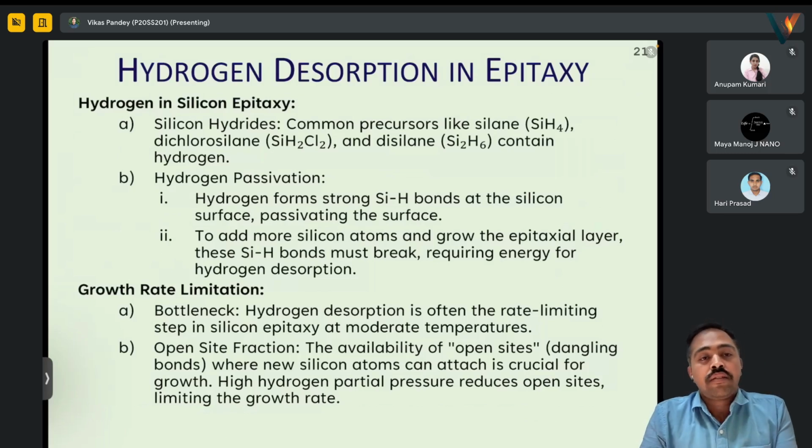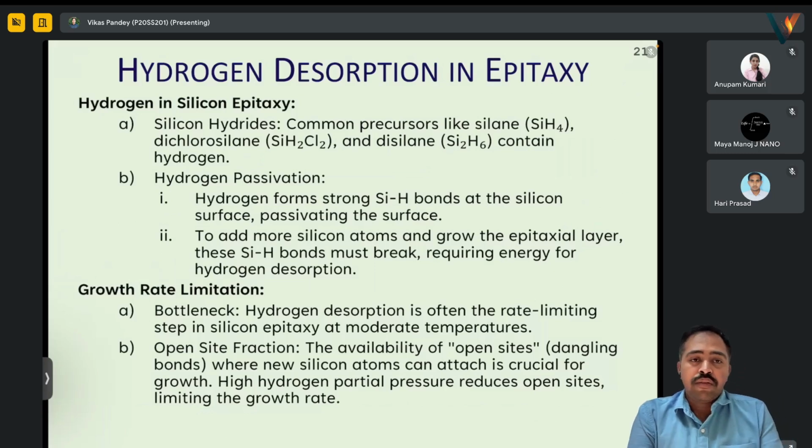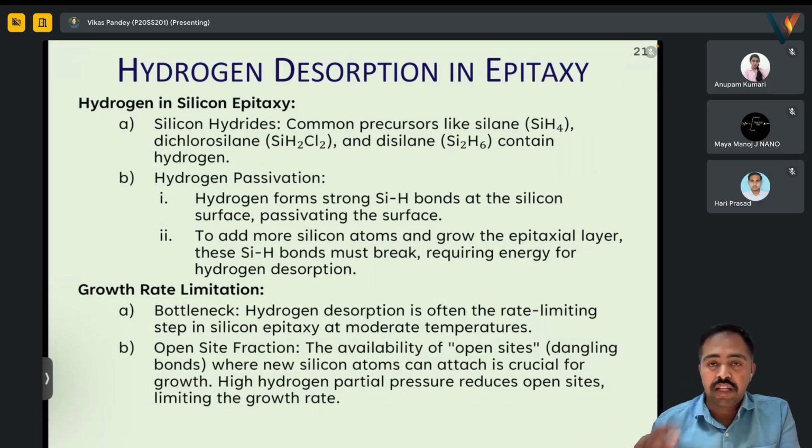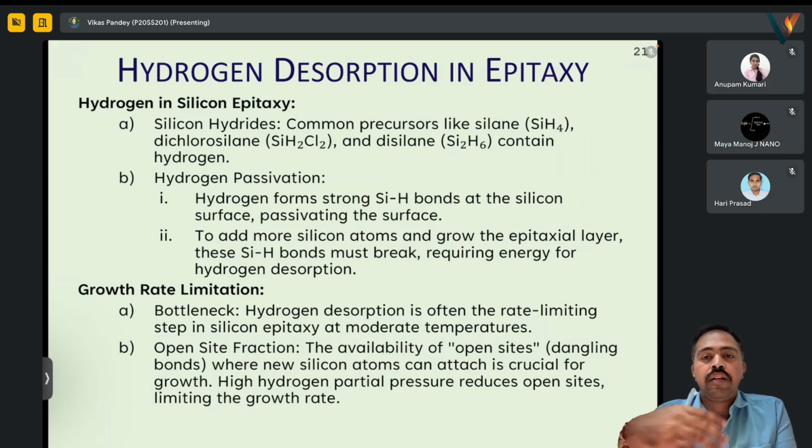Then there is something known as hydrogen desorption in epitaxy. So common when we are depositing silicon, we are talking about silicon epitaxy, that is silicon over silicon or any other material. Common precursors are silane, that is silicon hydride, dichlorosilane, again along with silicon chloride it has hydrogen, and disilane, that is Si2H6.